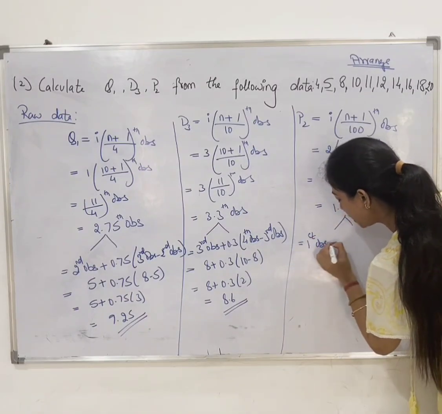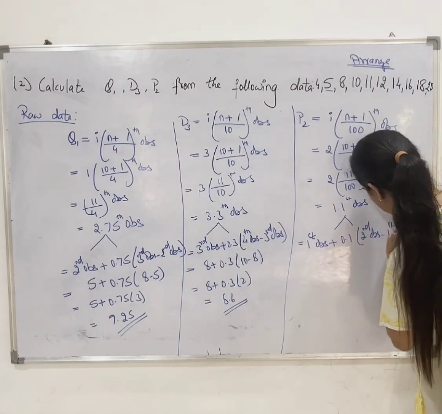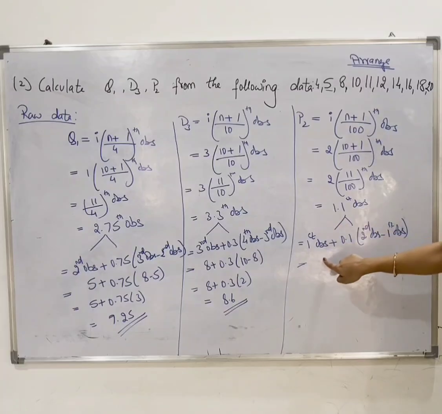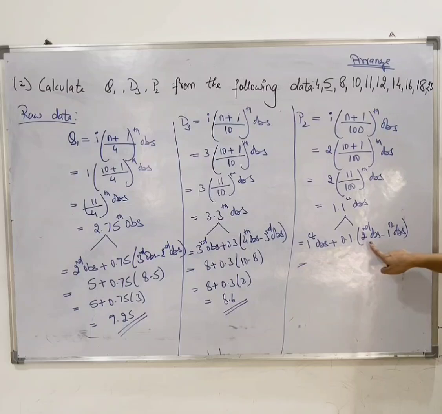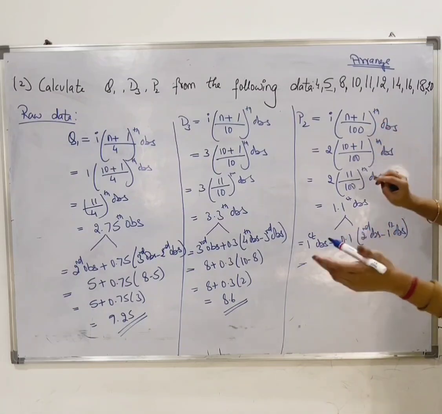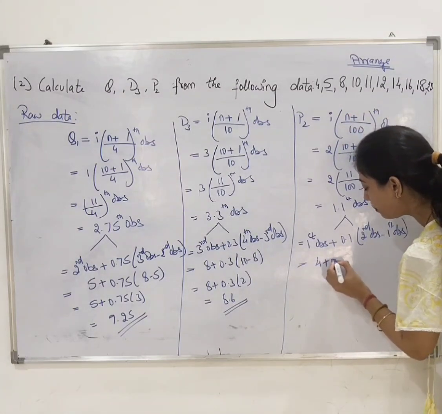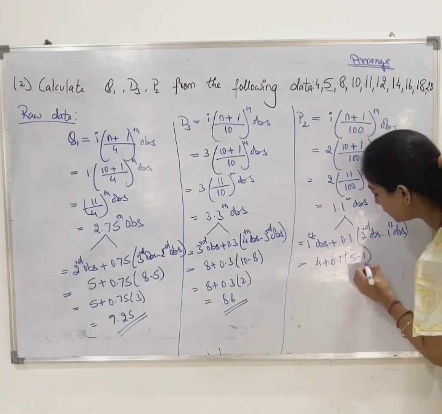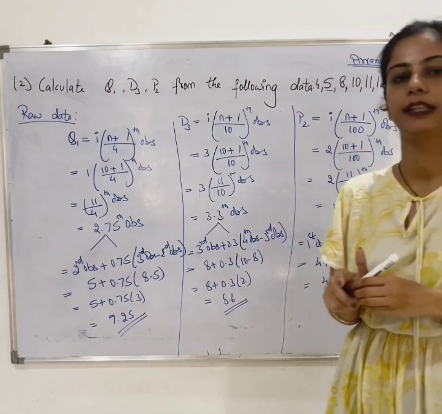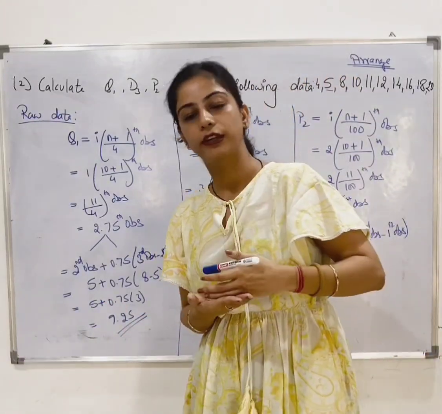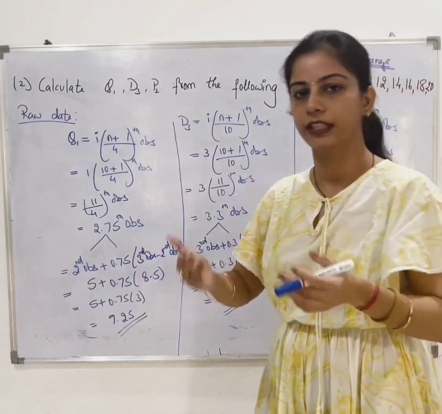First observation plus 0.1 into (second observation minus first observation). Since we have 1.1, 1 becomes the first observation, and whatever is after the decimal, you write it here. Then after first we get the second, so second minus first. This is the formula to solve decimal points. Now the first observation is 4, plus 0.1 into (5 minus 4). So the answer is 4.1. This is the value of the second percentile. I hope you understood the different ways in which Q1, D3 and P2 can be found using the formula.